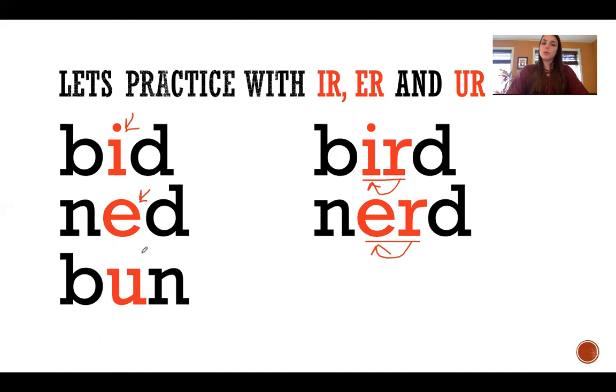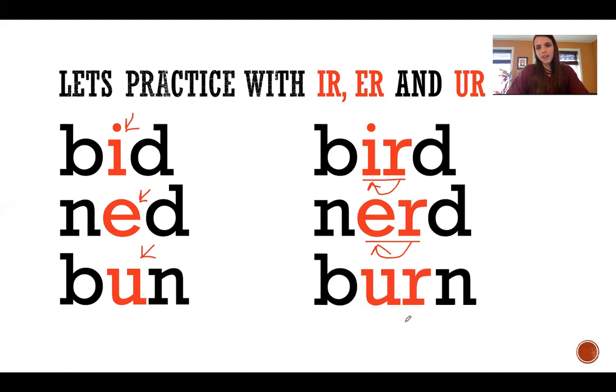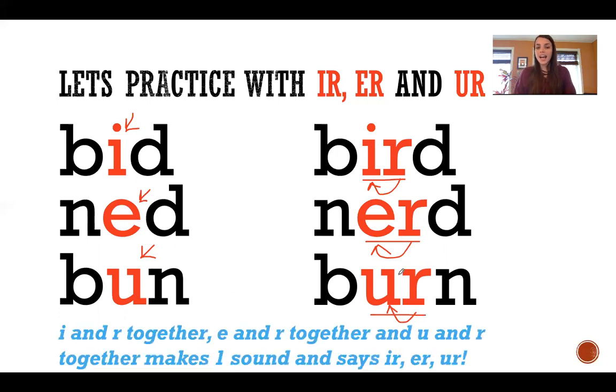If I have the word bun, I know that my U says u, but if bossy R comes around, it changes that vowel sound and says arrr. So my new word is burn. IR, ER, and UR together make one sound and say arrr.